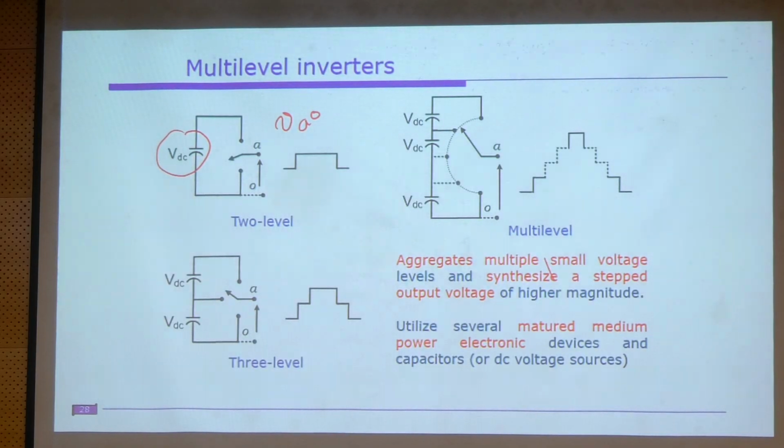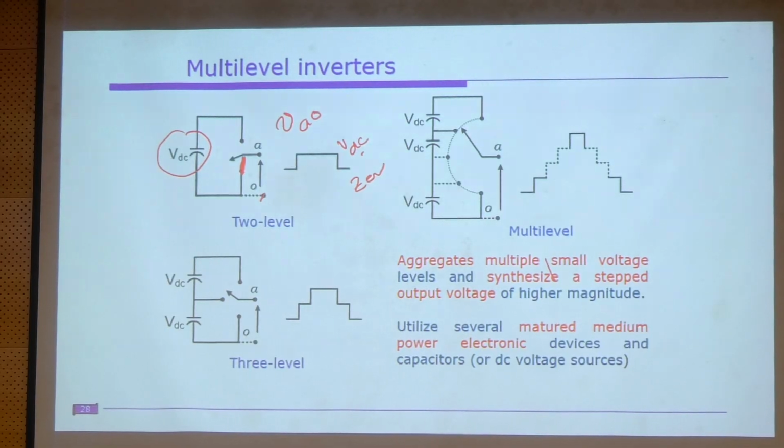If that switch is touching the A point, the voltage across these two is equal to VDC. And if the switch is touching the 0 point, the measured voltage between A and 0 will be 0. So you are getting 2 levels with this one: VDC voltage, and also the 0 voltage.